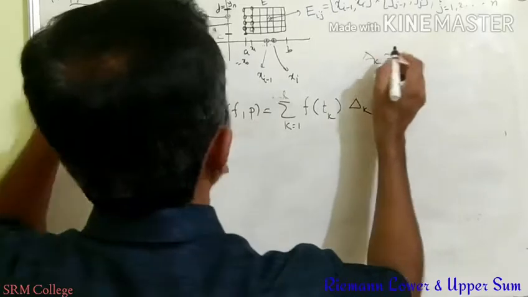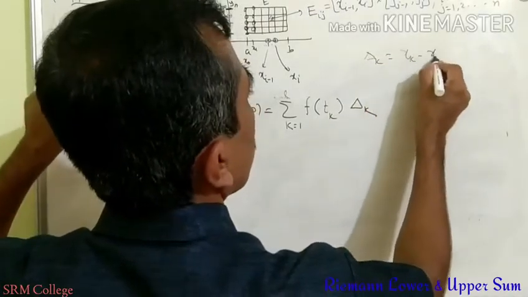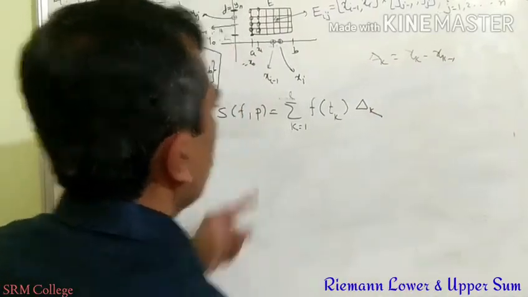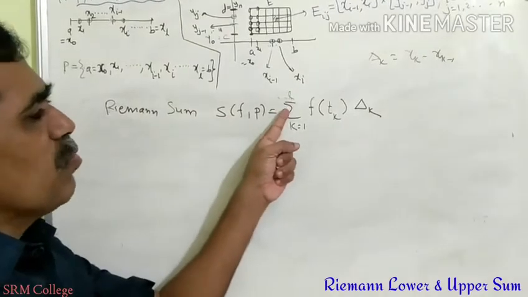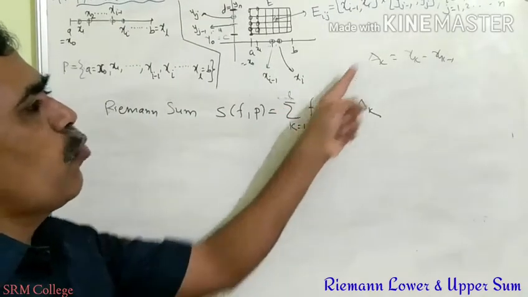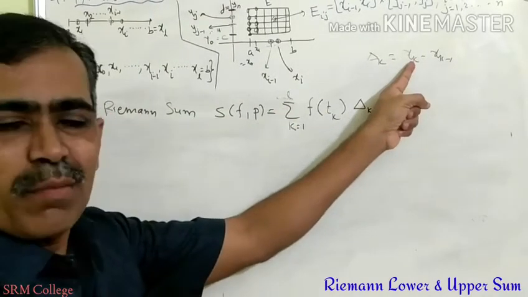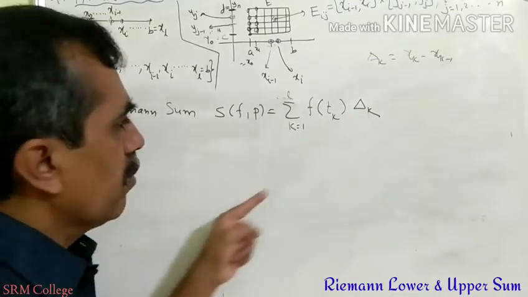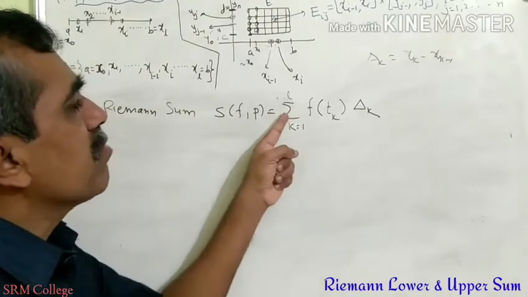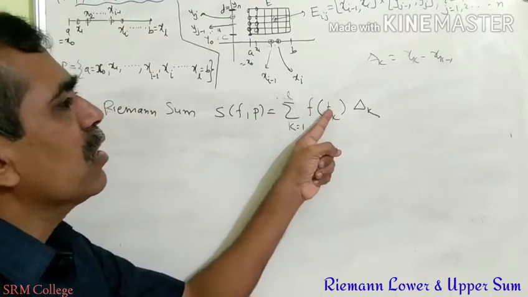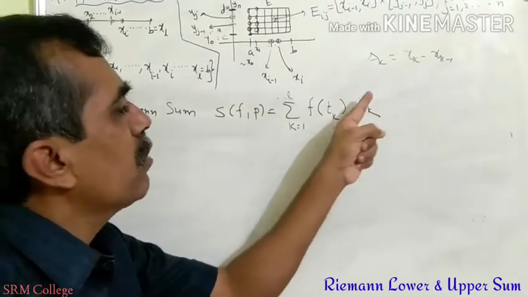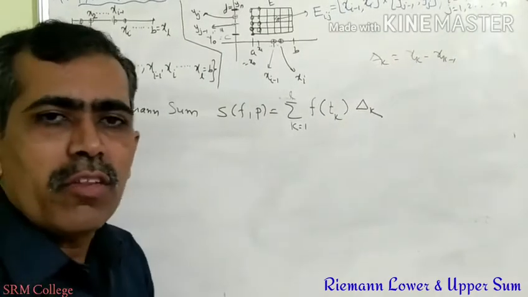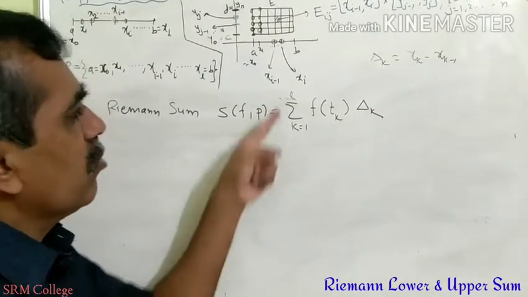Delta k is the length of the subinterval, xk minus xk minus 1. So it is the sum of the value of the function at any point of the kth subinterval multiplied by its length or width. This is how we define the Riemann sum. So k runs from 1 to l.